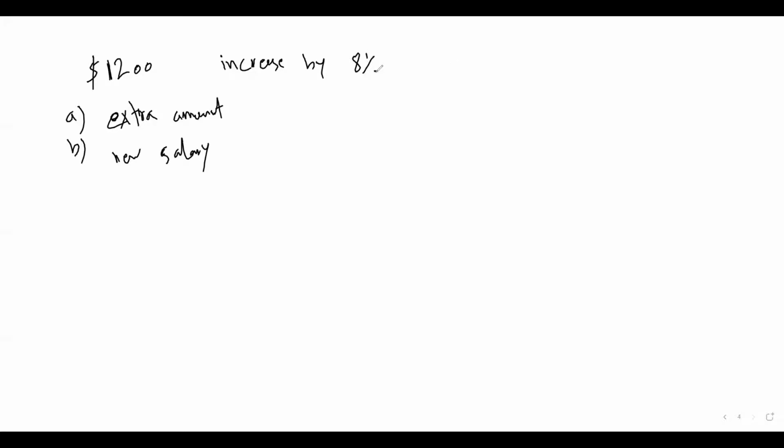So 8% of, if you remember, I said of means multiplication when you're dealing with percentages. So basically 8% or 0.08 times 1,200, and the answer would be 96. So 96 US dollars, that's an increase.